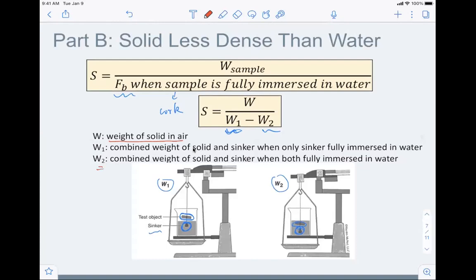So the difference between these two is one is in air, one is in water. That's the cork. If you get a difference in the reading, you know that extra difference comes from the buoyant force acting on the cork. The buoyant force on the sinker is not going to make any difference here because they're both in water for W1 and W2. So to measure that, let's take a quick look at our video.